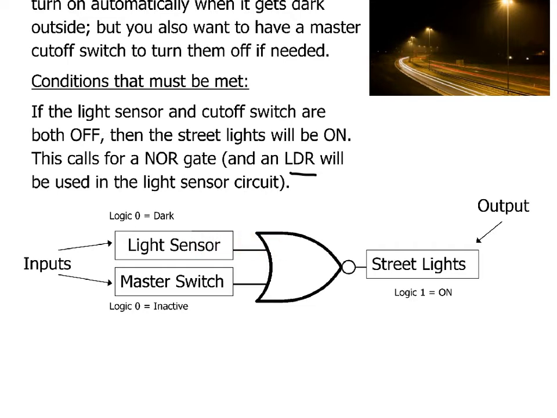Then you can feed the light sensor's output into this NOR gate and use it to operate the streetlights. That is super cool. The switch is just a switch. Flip it on or off, right? Flip it up into the on position and it turns the lights off. It becomes active, so that's why I called it a cutoff switch. Anyways, that's the first example that I'm going to show you. I'm going to show you one more example that is more complicated than this one, so bear with me.